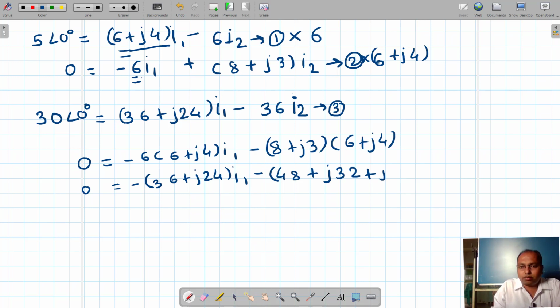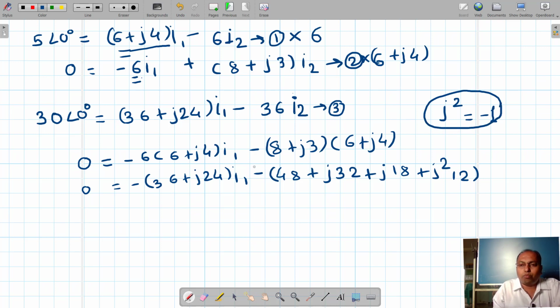So j18, 6 times 3 is 18, plus now it is going to become j square, no? j into j is j square, and 3 times 4 is 12. Is that fine? Now remember that j square is equal to minus 1. You have to remember this one. Wherever there is a j square, you are going to put it as minus 1.